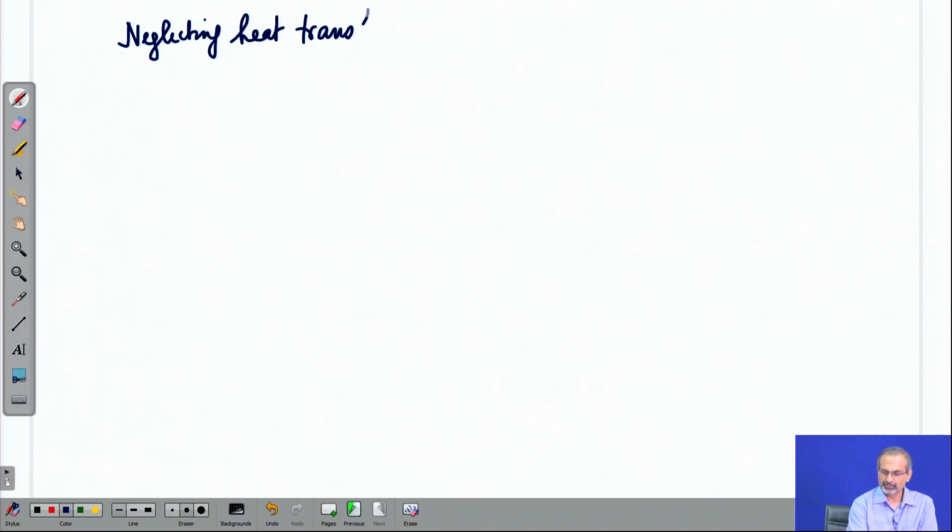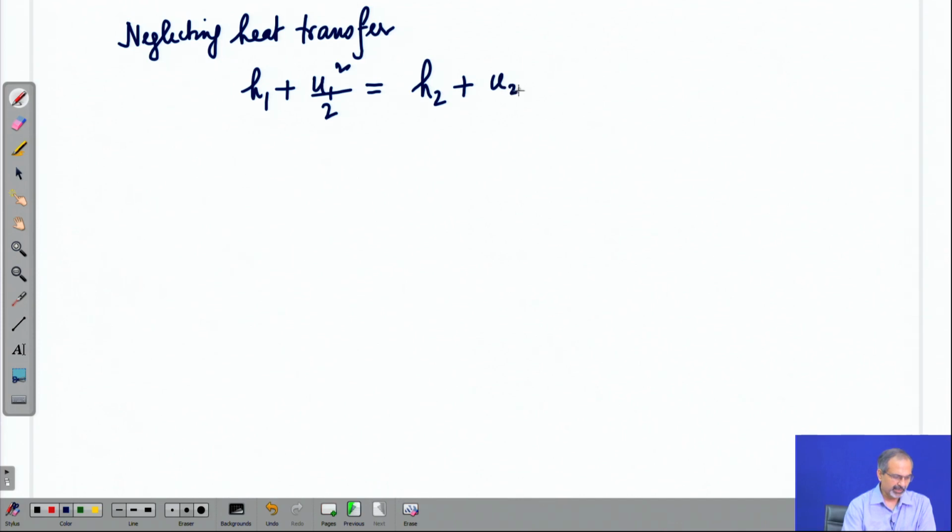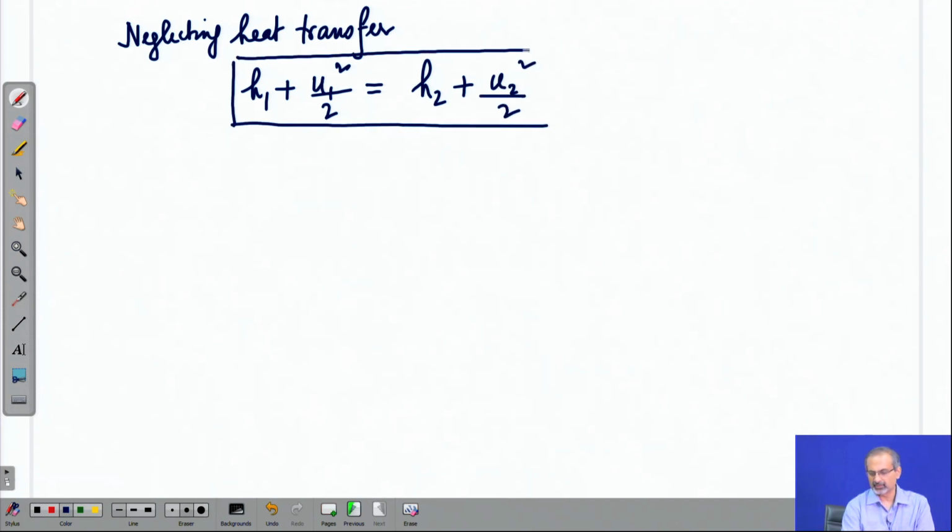Because we are not putting heat from outside into the control volume, neither are we extracting heat from there. In that case, the heat transfer term will go and then you will only have contributions coming from the remaining two terms, and you will find that across the one dimensional control volume, this is the equation which you end up getting.